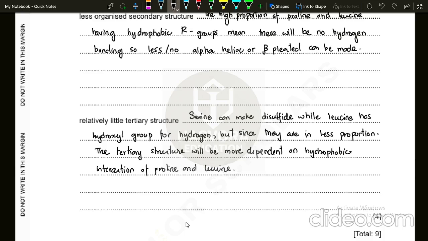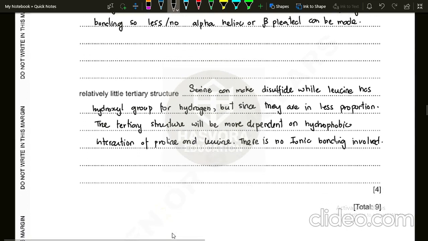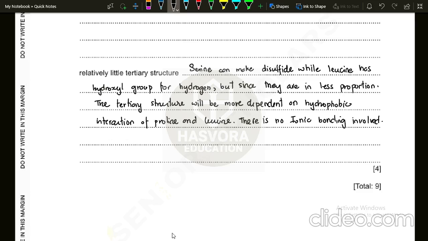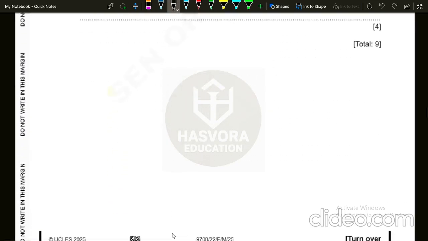Also, we can write that there is no ionic bonding involved as well. So this means that only hydrophobic interaction will be present in the tertiary structure, making it less, you can say, organized.